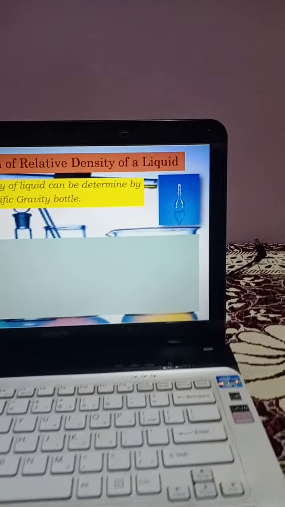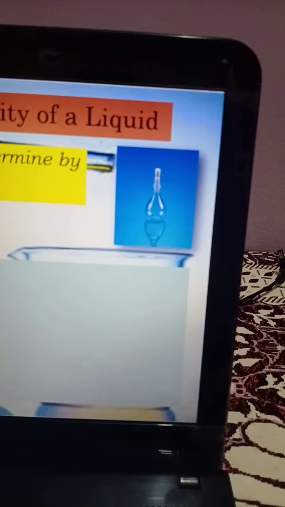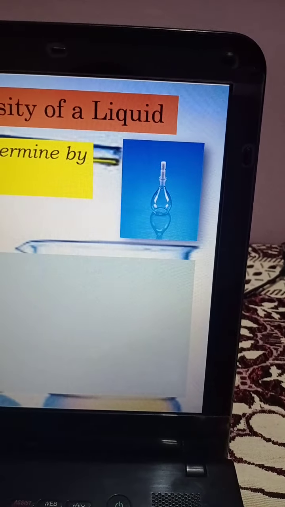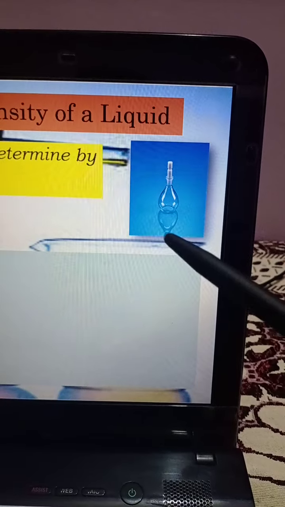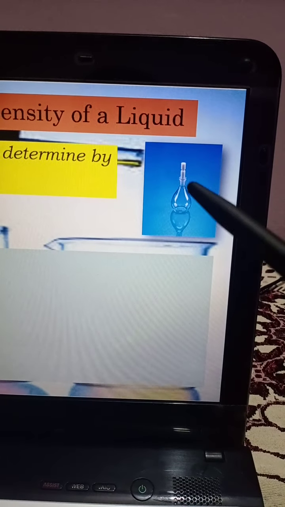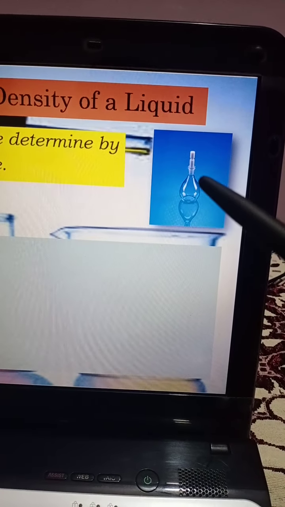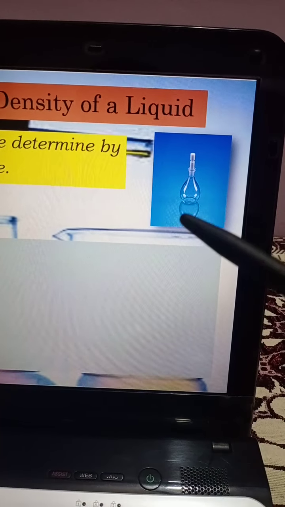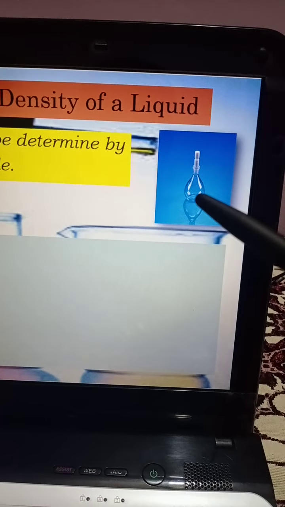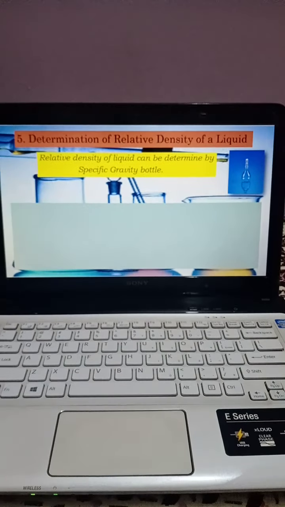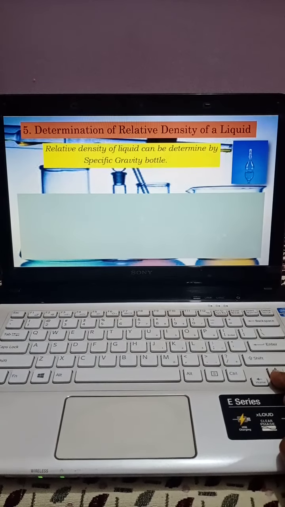Here you can see a small diagram of this apparatus. This is a kind of funnel in which the liquid is going to get poured, and further we can find out the relative density. So further we are going to discuss the procedure to find out relative density.